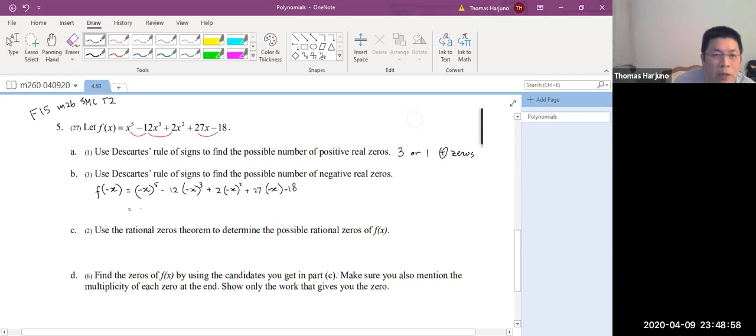This will be negative x to the 5th plus 12x cubed plus 2x squared minus 27x minus 18.